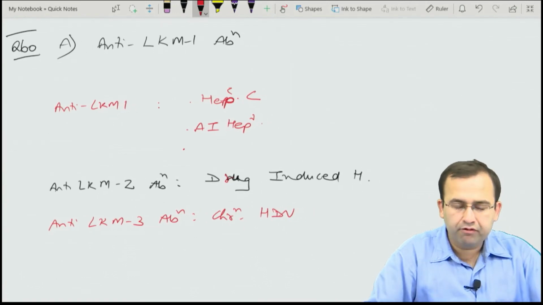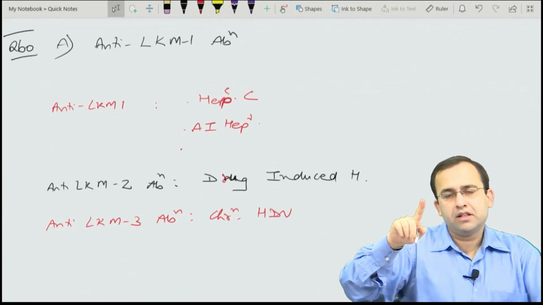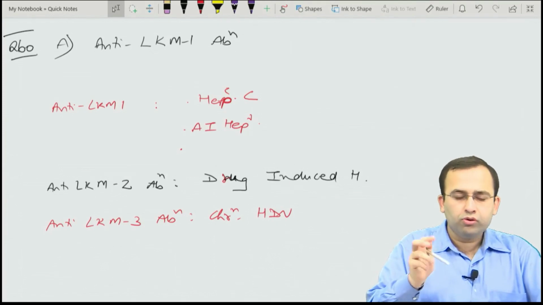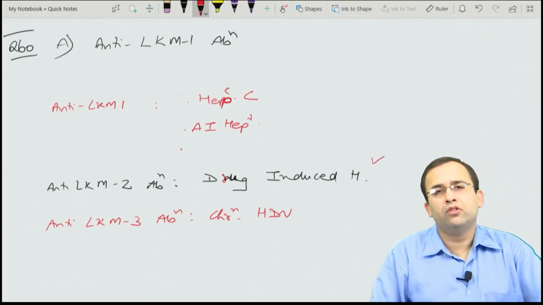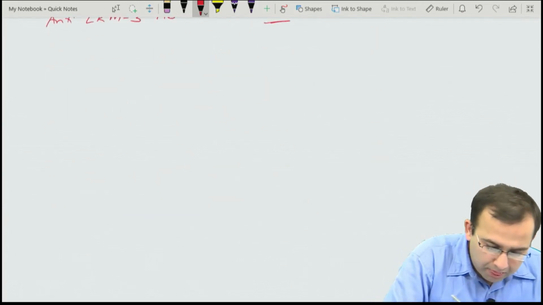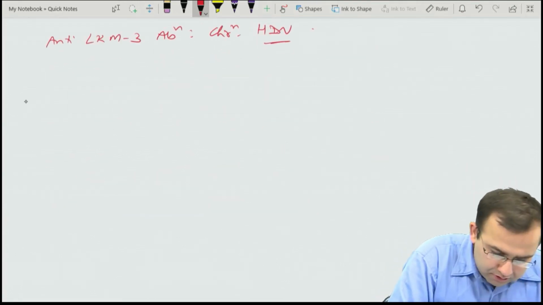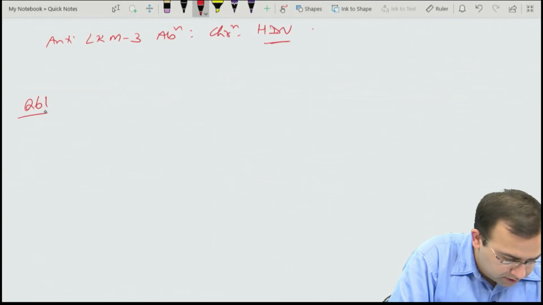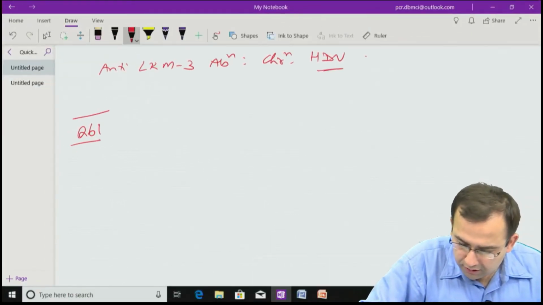So LKM 1, 2, 3: 1 is hepatitis C and autoimmune, 2 is drug-induced hepatitis, whereas 3 is with chronic hepatitis D virus. Next, this gets us to question 61.